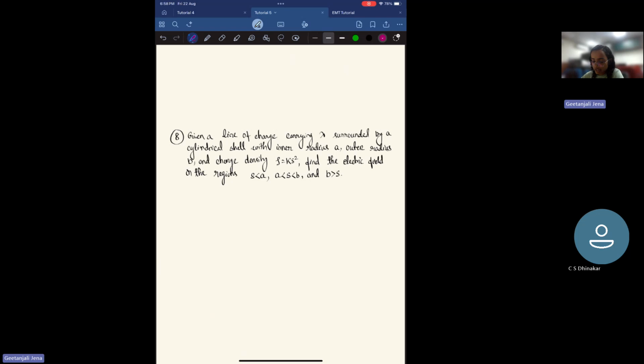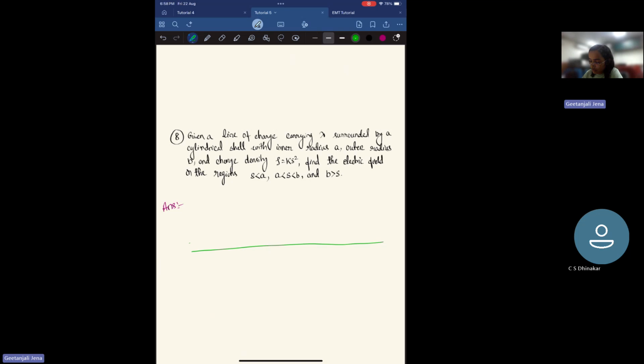Find the electric field in the region S less than A, between A and B, and when S is greater than B. You can see all these problems are based on Gauss law, and when you use Gauss law, it is easy to find the electric field.